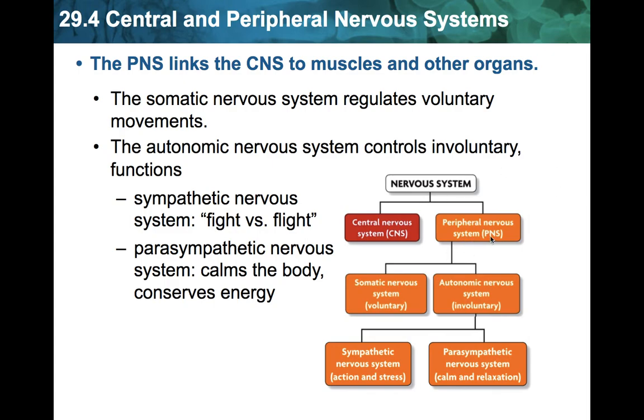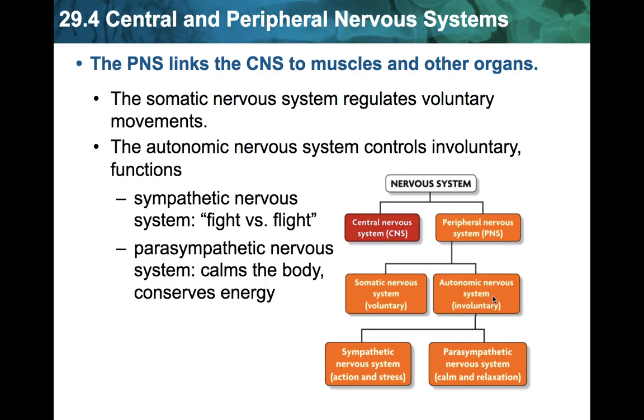All right, the peripheral nervous system then breaks down into the somatic nervous system, which is voluntary, and your autonomic nervous system, which is involuntary. If I want to go for a run, I'm telling my leg muscles to run. That's voluntary. Involuntary, I don't tell them what to do, but they're going to do it anyway.